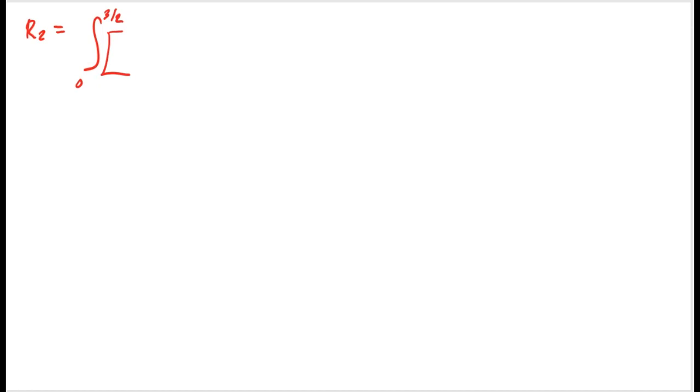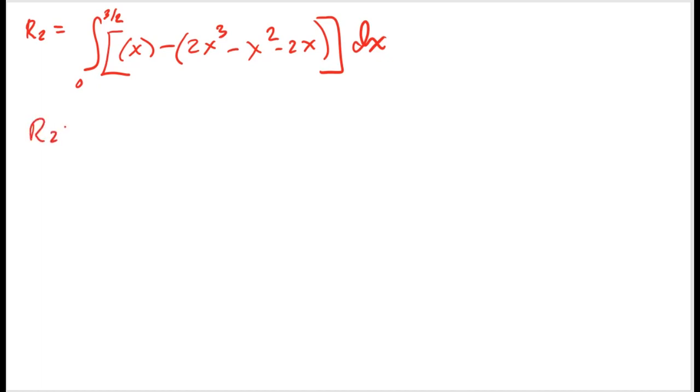And this time it is the linear function that is the top curve. So it's going to be x minus, and then 2x cubed minus x squared minus 2x, and dx. So let's simplify our polynomial.